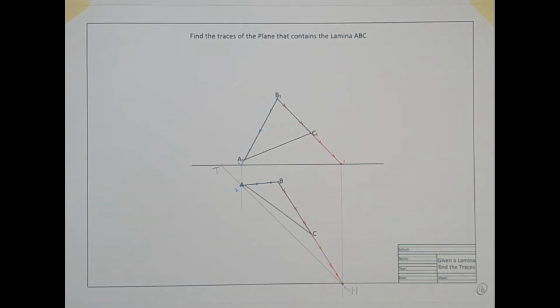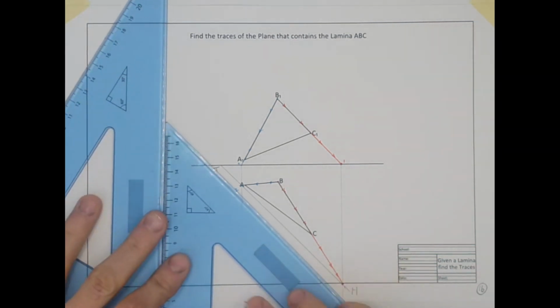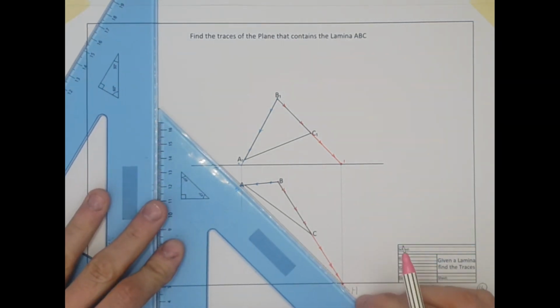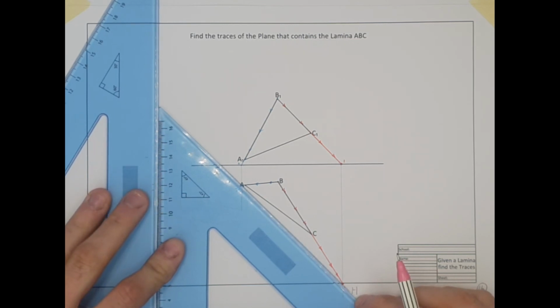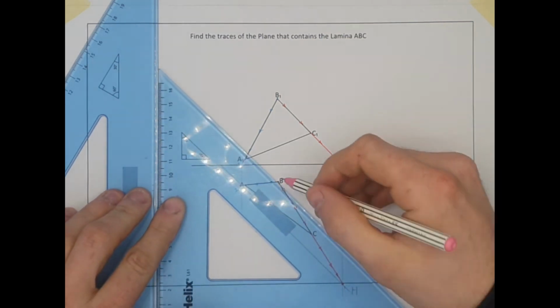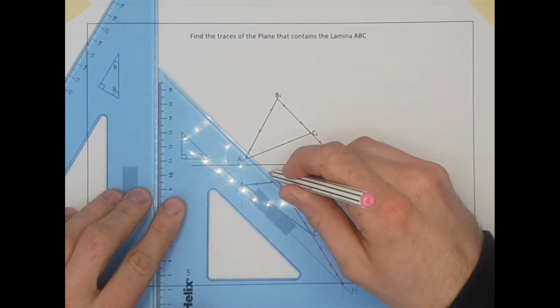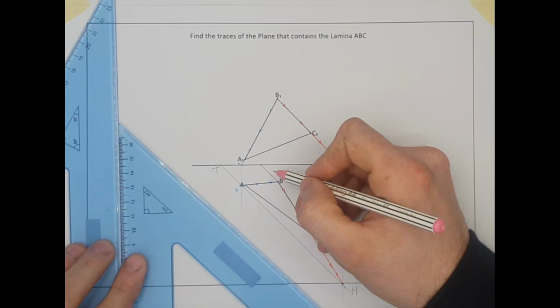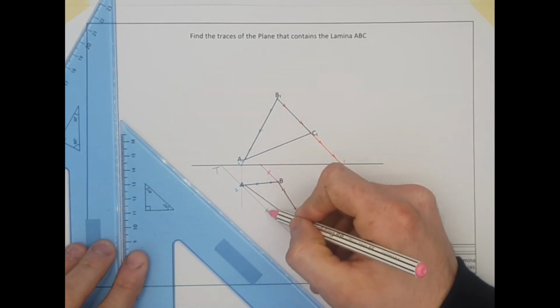So I'm going to use a horizontal section cut, which gives me a line parallel to my horizontal trace. That line is parallel to the horizontal trace.